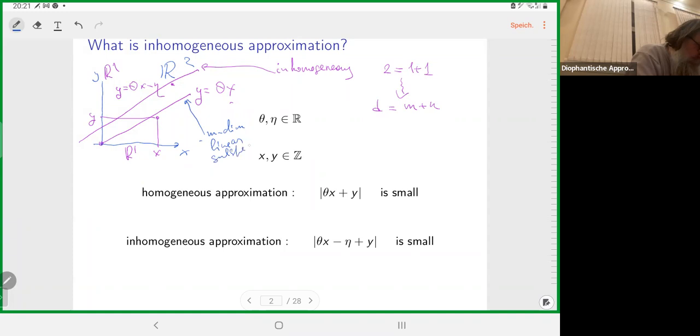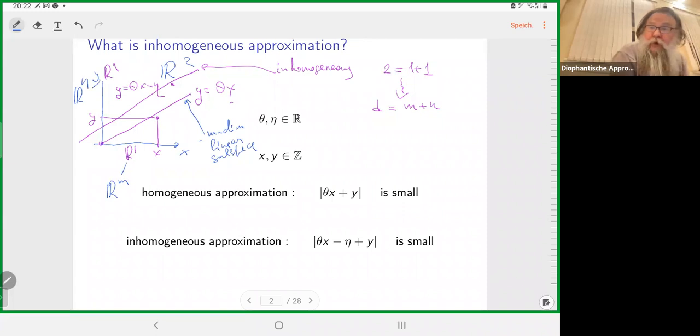Here, instead of R1, will be R^m, and instead of this R1 will be R^n, and we are interested in integer points close to the m-dimensional linear subspace. This is a homogeneous setting, and for an m-dimensional affine subspace, this is the inhomogeneous setting.